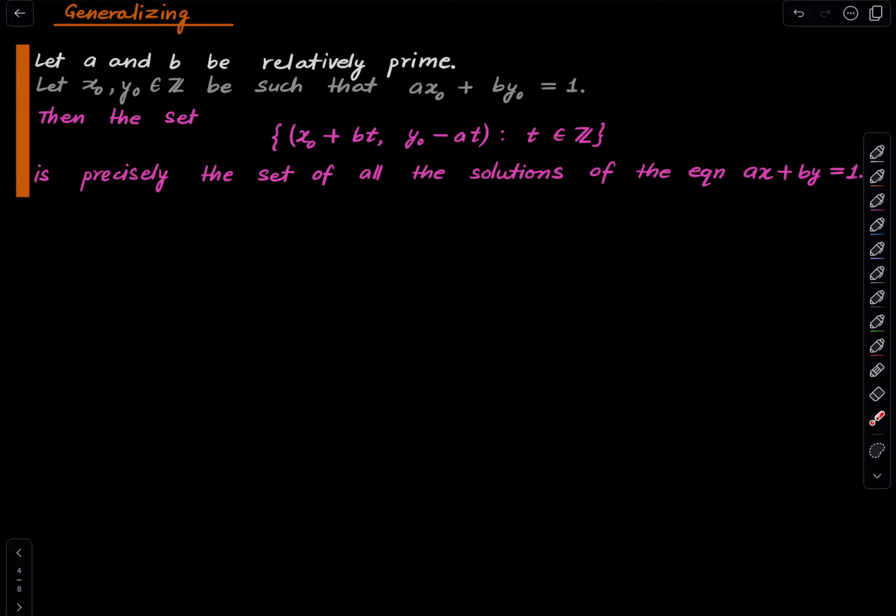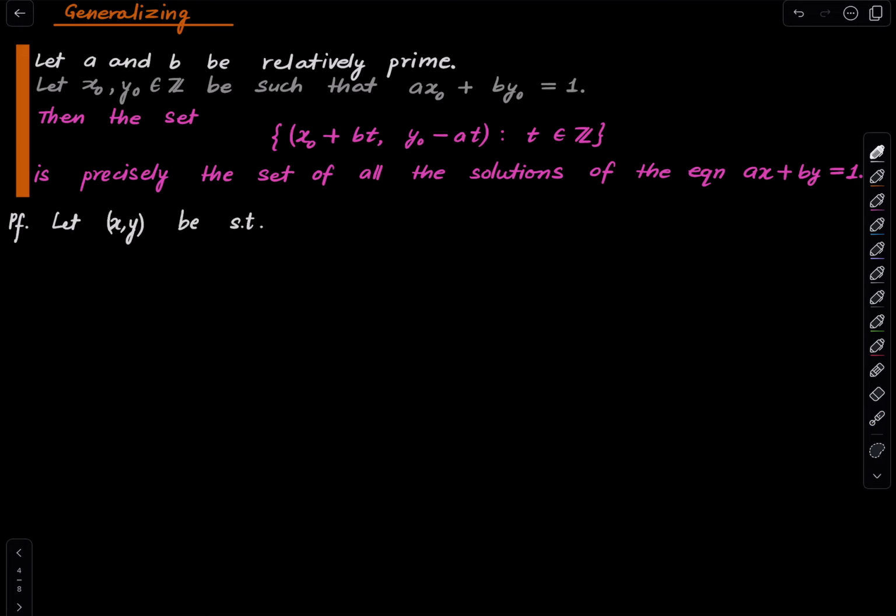Then we claim that all the pairs of this form, where t is an integer, are precisely the set of all the solutions of this equation. So this is exactly what we observed when a was 2 and b was 3 in the previous example. And we can repeat that reasoning to prove this in general. So here is the proof. Let x comma y be a solution.